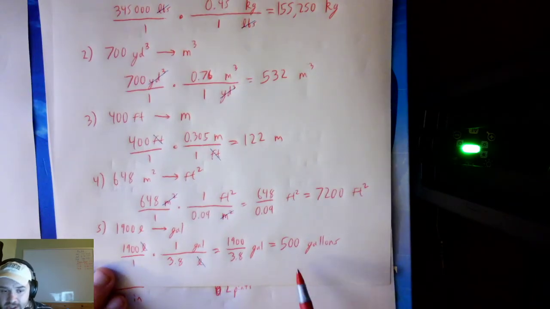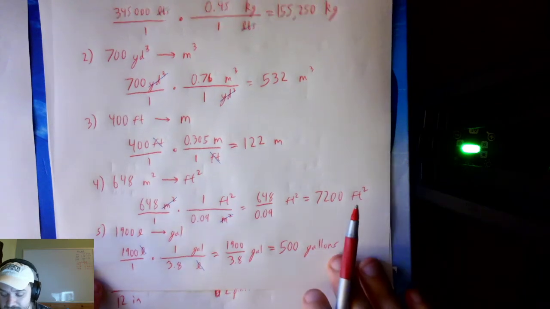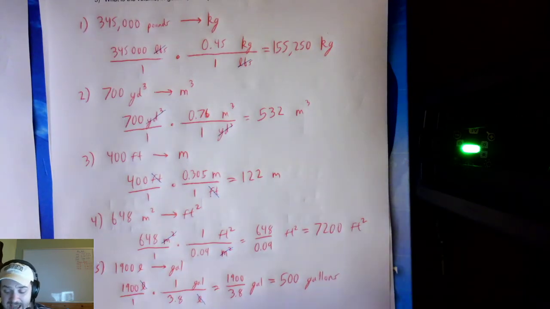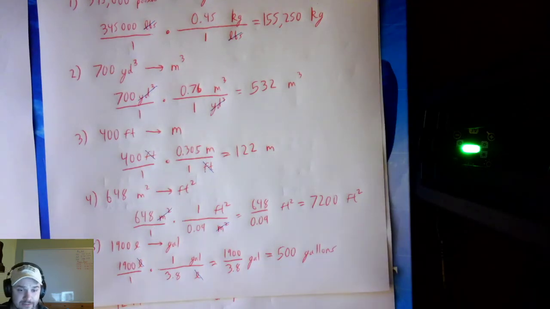And so this question gave us 5 different units that described the same object. It was a flagpole. It described how much the flagpole weighed, how large the base of the flagpole was, the foundation, how tall the flagpole was, the area of the flag itself, and how much paint it took to paint it. And we converted all of them into a different unit than what was given.